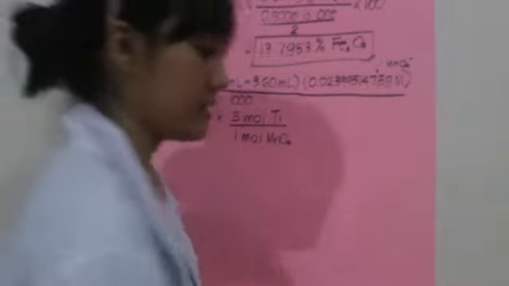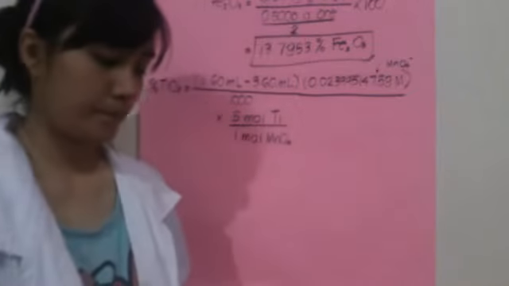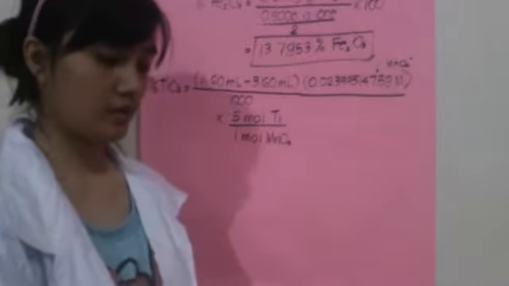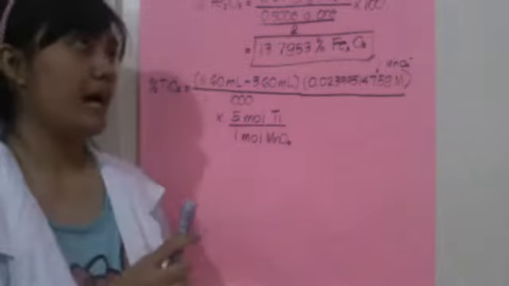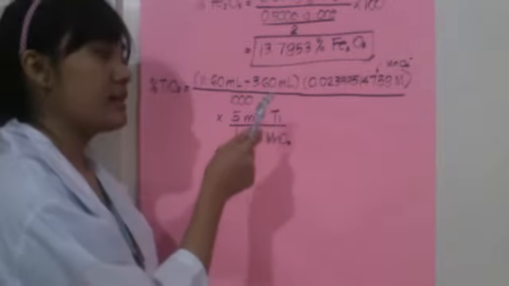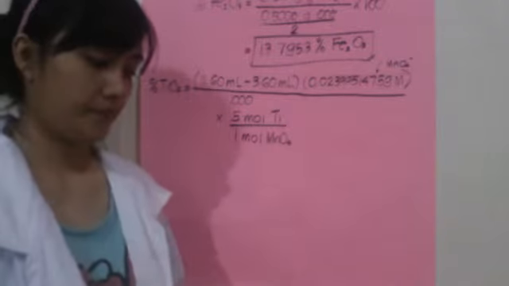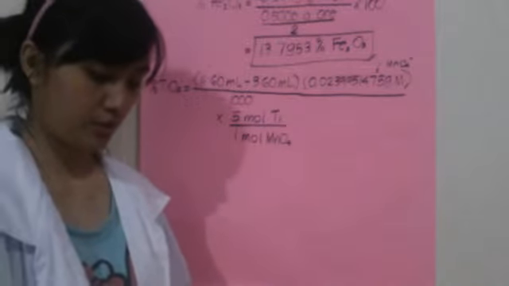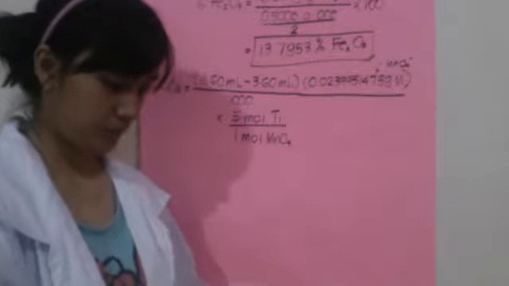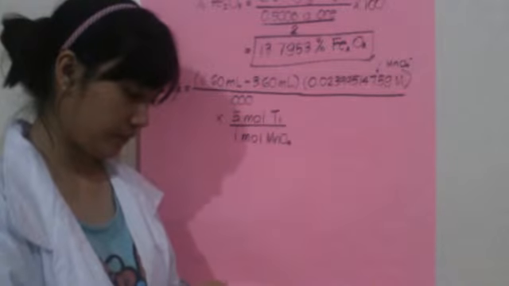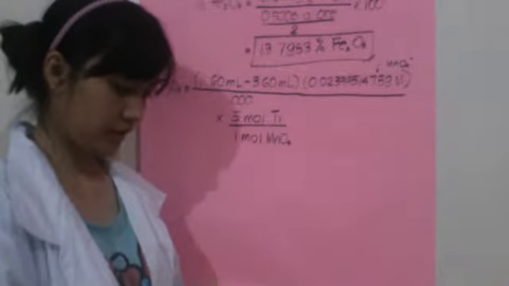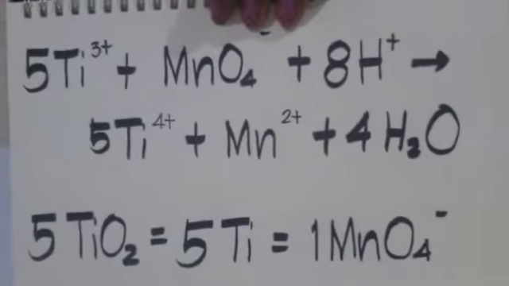How did I get this? We should have a balanced equation of titanium and MnO4. We would get this through, then this would be the reactor.